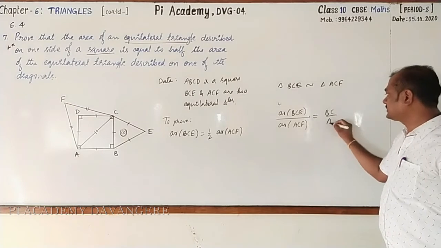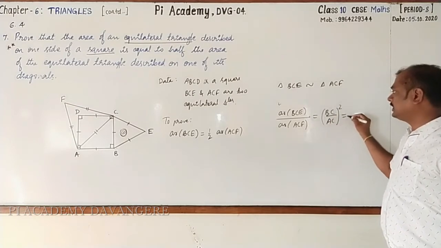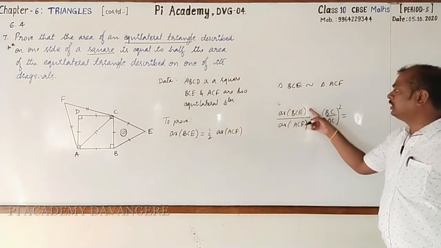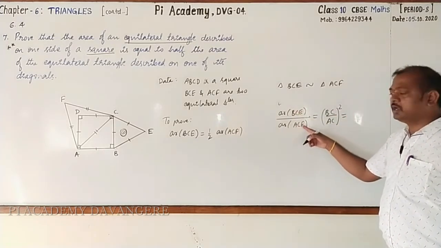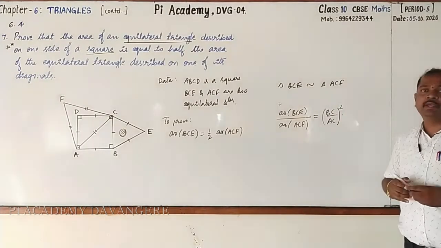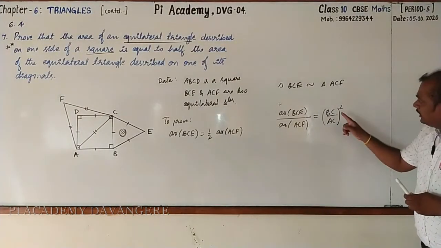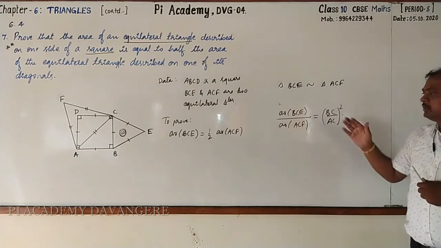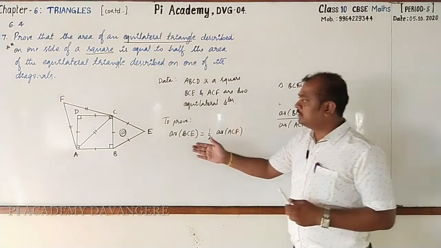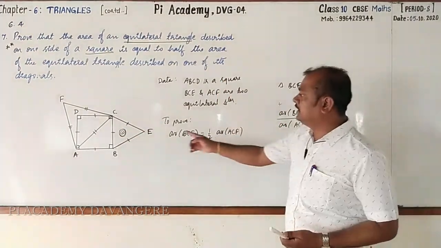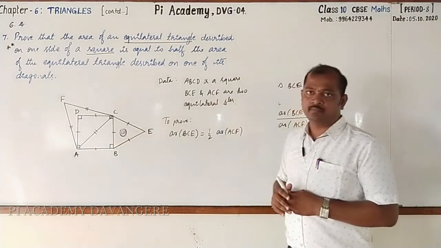(BC by AC) whole squared is equal to (CE by CF) whole squared is equal to (EB by AF) whole squared, right? I'll take just one pair of corresponding sides and observe BC by AC. Do you know the measurements of these two? BC, how much? We do not know. And AC, AC is also unknown.